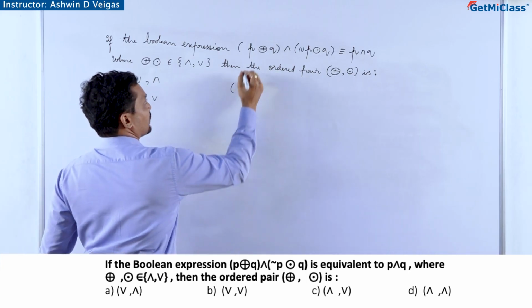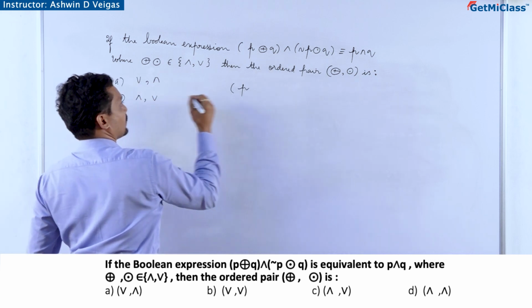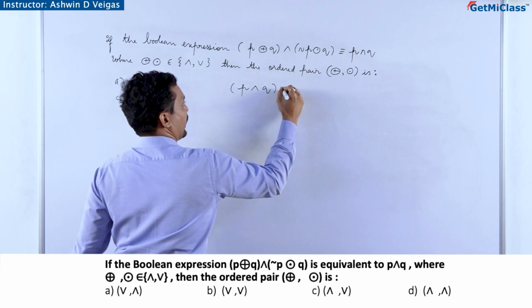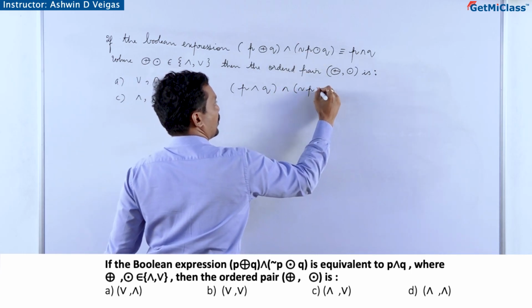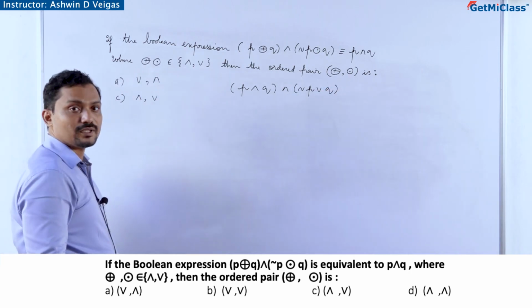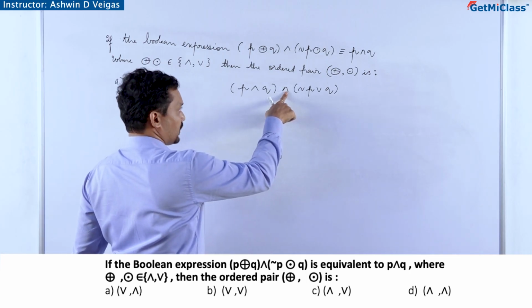So here now I will substitute, this is P. Now, instead of this I will substitute and, this is Q, and this is negation of P or Q. Yes. Now, we will try to simplify this. Since this is and, this is and, there is no need of bracket.